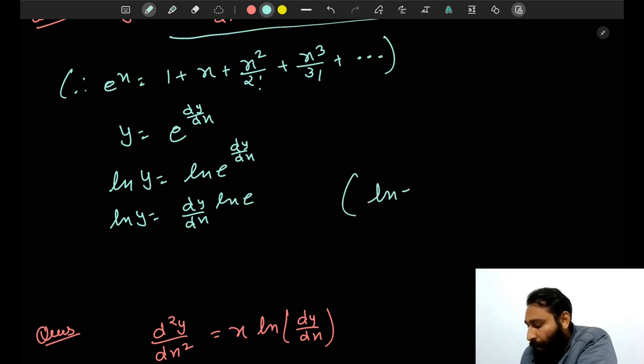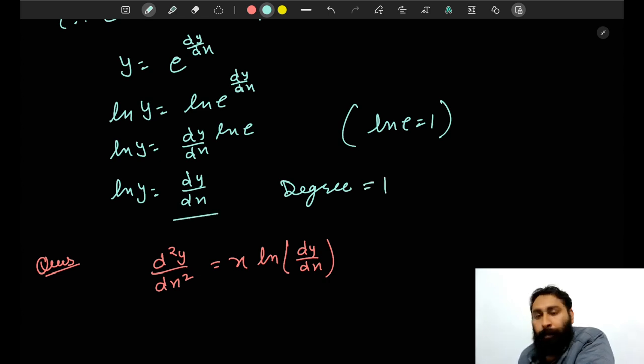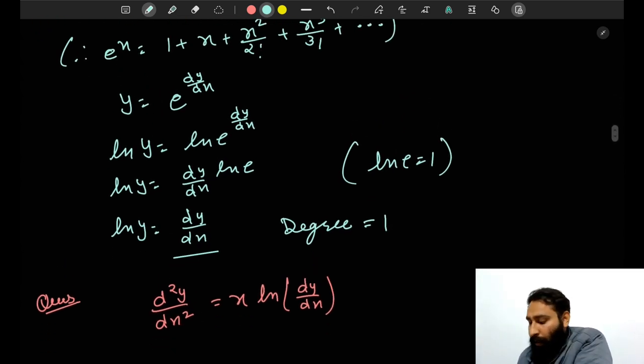We know that ln e is equal to 1, so ln y = dy/dx. So now we define the degree. The highest order derivative is the first order derivative and the degree is equal to 1. This is called the degree of the differential equation.